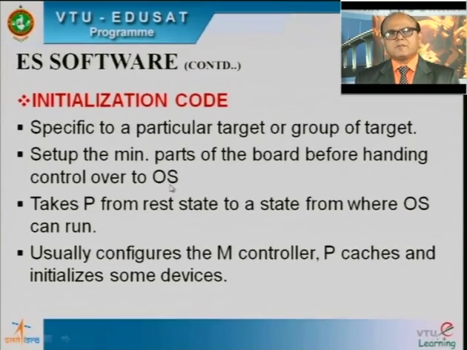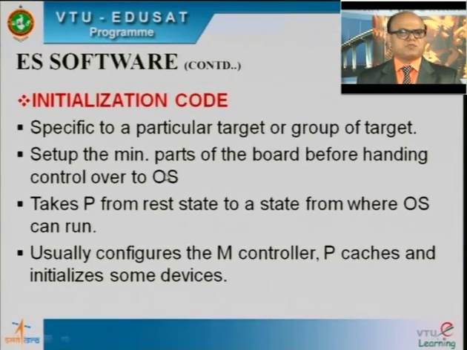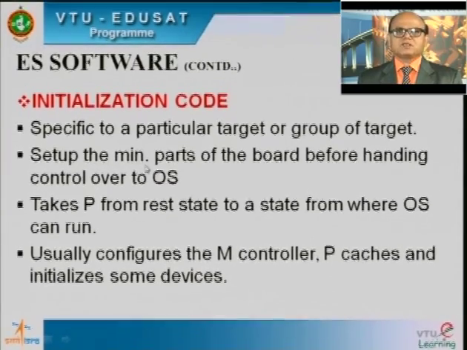That means soon after the system is powered on, the first software that runs is the initialization code, which has to make some initial preparation or initial setup before the OS takes over. So that is what is done by the initialization code.